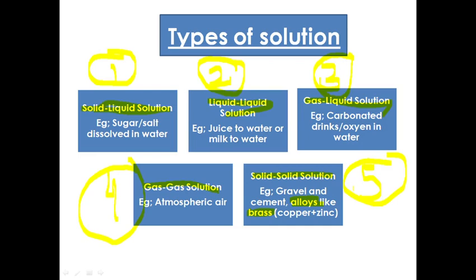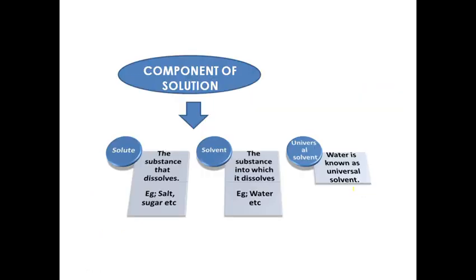Now let us move to the next component of solution. We already talked about the solute, solvent, and the universal solvent. The solute is the substance that dissolves, whatever substance needs to be dissolved.